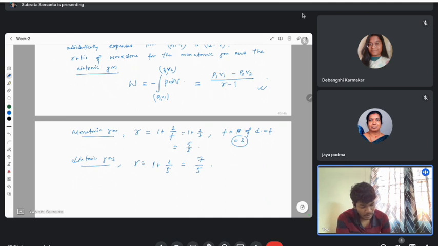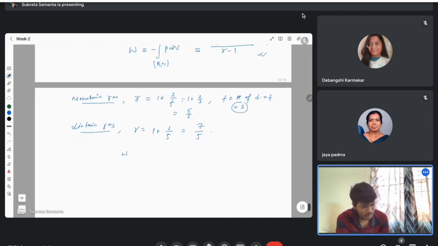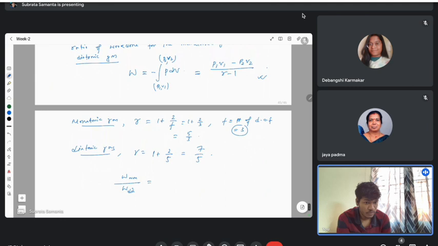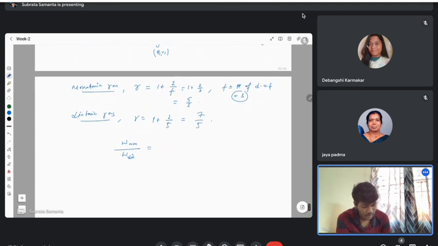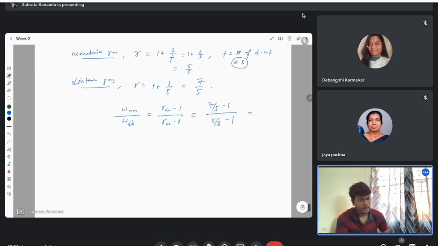So the work done for the monatomic gas by the work done for the diatomic gas, with P1 V1 and P2 V2 the same in both cases, is gamma diatomic minus 1 over gamma monatomic minus 1, right? So 7 by 5 minus 1 over 5 by 3 minus 1. I will calculate this.